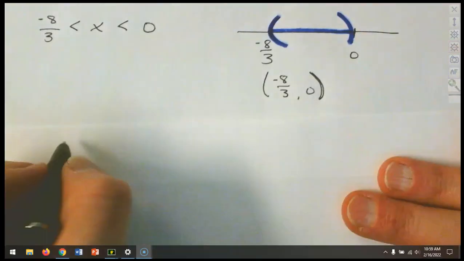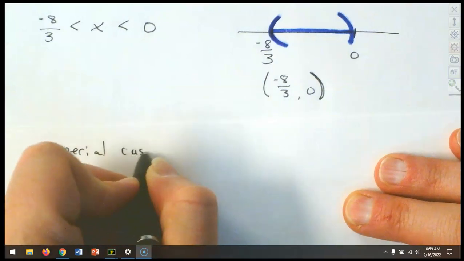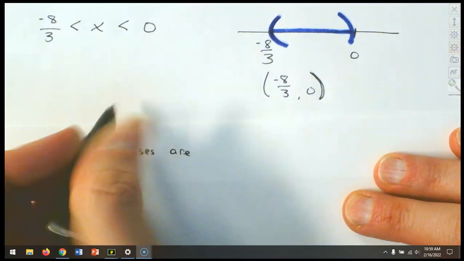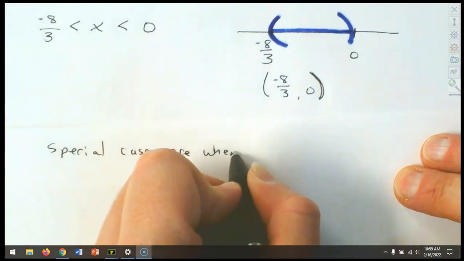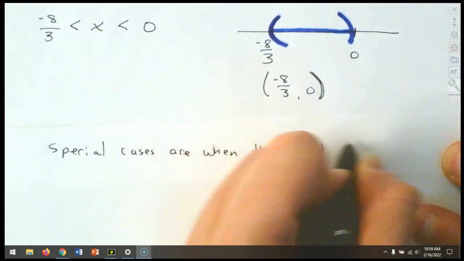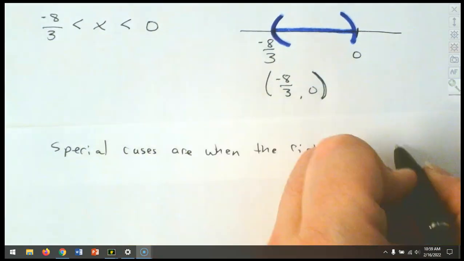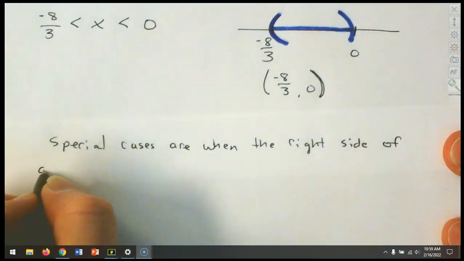And the special cases are when the right side is negative. So these are special cases when the right side of the absolute value is negative.